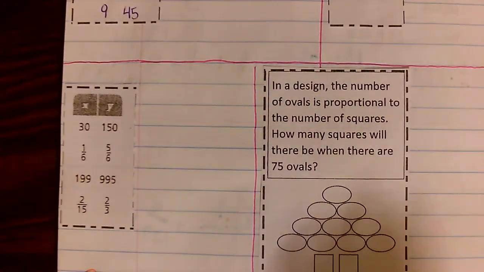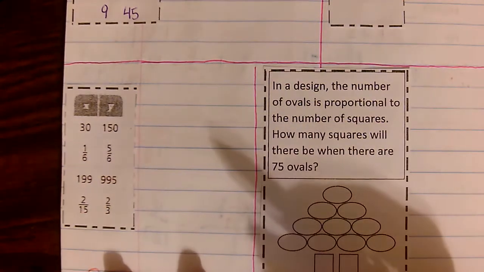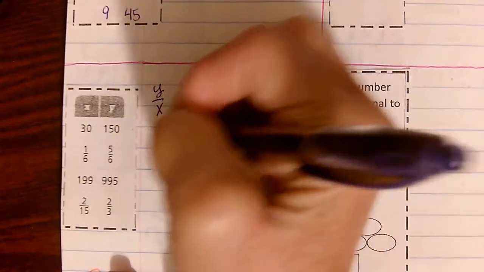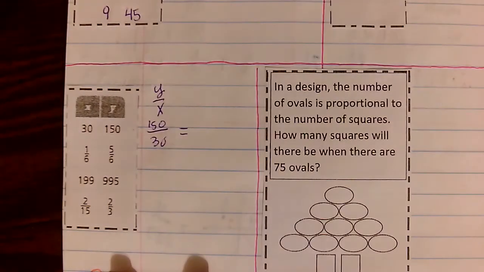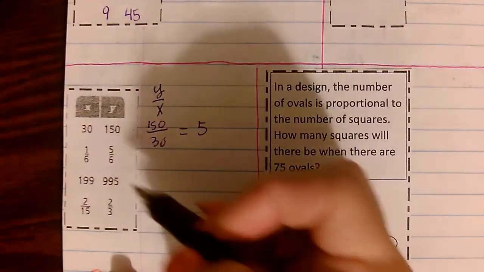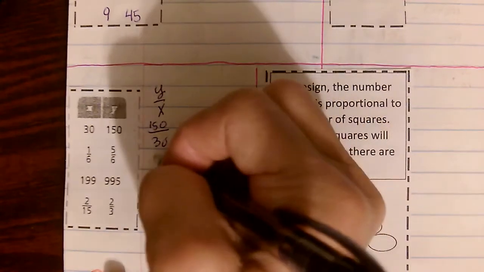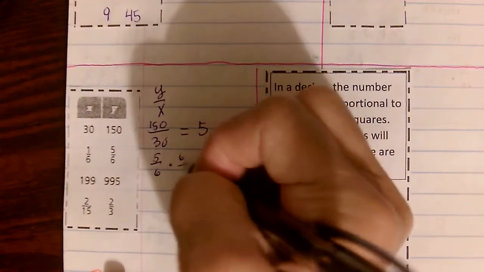Let's look at the next one. Let's see if this is proportional. All right? So we can either cross multiply and divide and check these out, or we can also just do y over x. So 150 divided by 30, that's 5. Well, what about 5/6 divided by 1/6? If you're not using a calculator, then just write 5/6, keep change flip, instead of divided by 1/6, times 6 over 1.